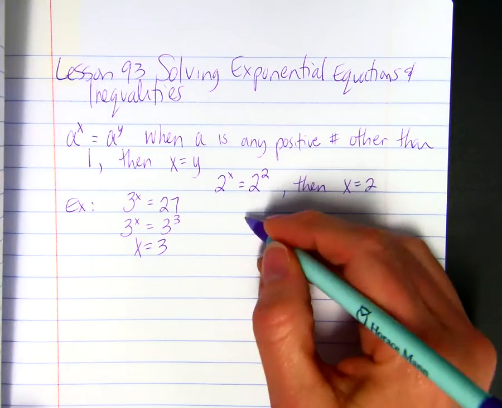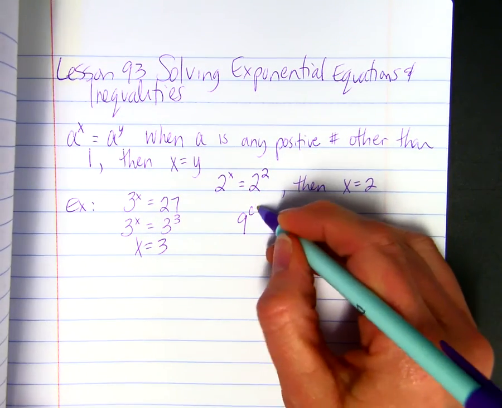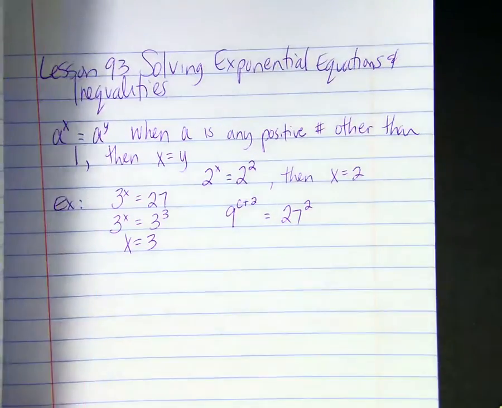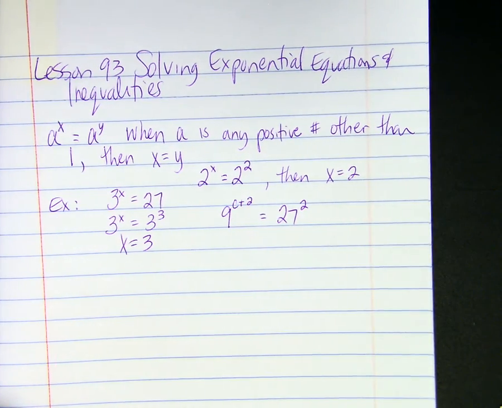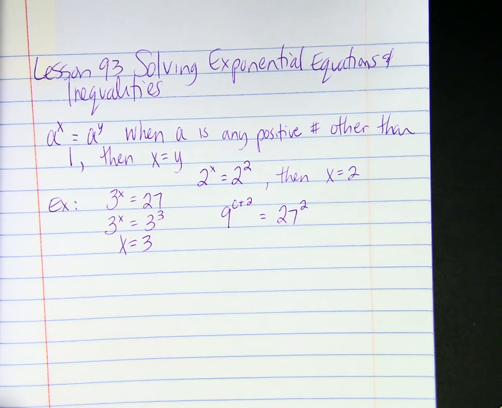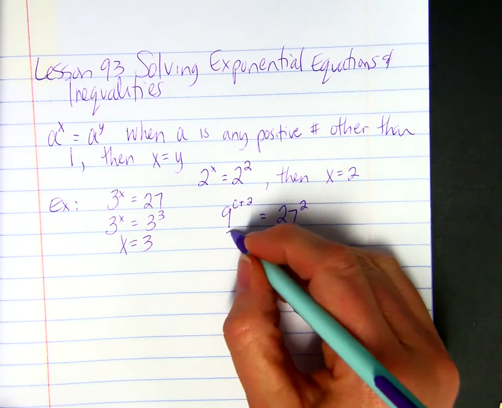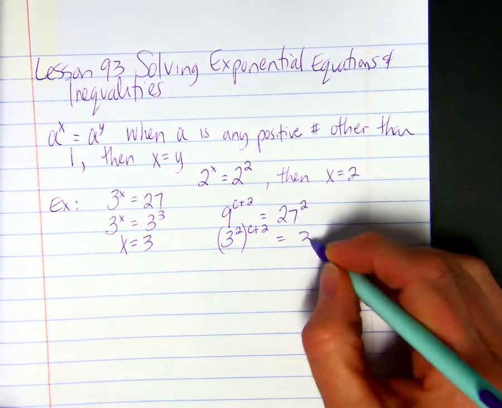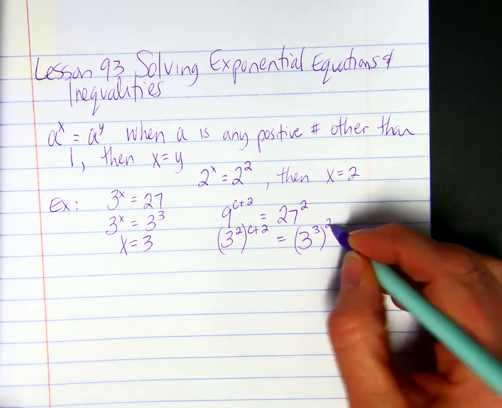Another example, if we had 9 to the c plus 2 equals 27 to the 2. We want to have the same base. So I know that 9 is 3 squared and 27 is 3 cubed. So we could write 3 squared to the c plus 2 equals 3 cubed to the 2.